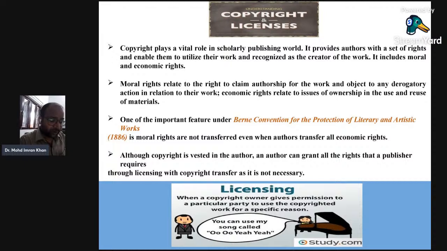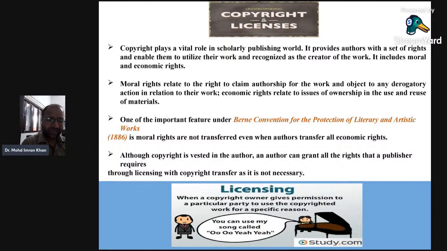One of the important features under the Berne Convention is that moral rights are not transferred even when the author transfers all economic rights. So when we say that in copyright you have transferred economic rights, like you go for a publication, or you are going for a conference, and the conference organizers ask you that the copyright in that research will be transferred to the organizers, it is implied that you are not transferring the moral rights.